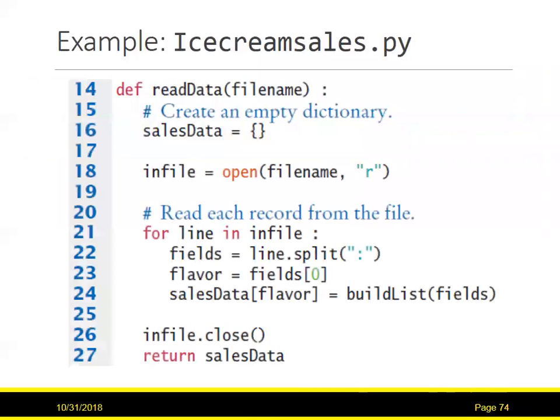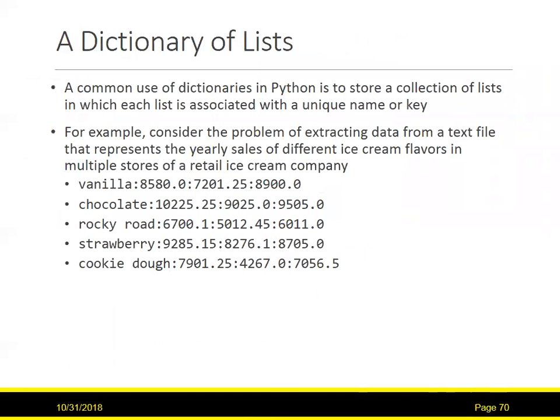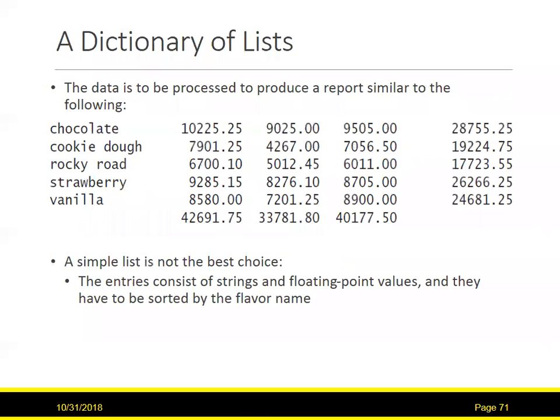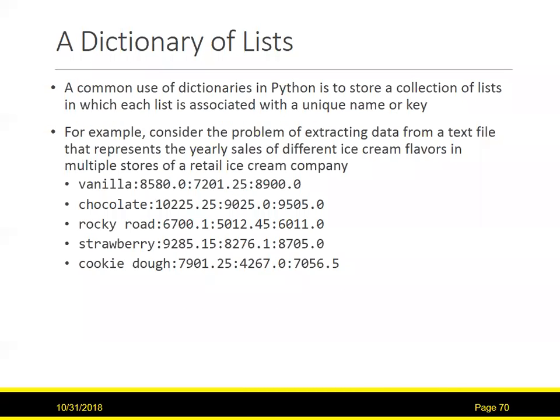This is just doing the ice cream text file, read it in, split by colons, because each number was separated by colon for some reason. A lot of times these will be comma separated because Excel likes comma separated value charts.